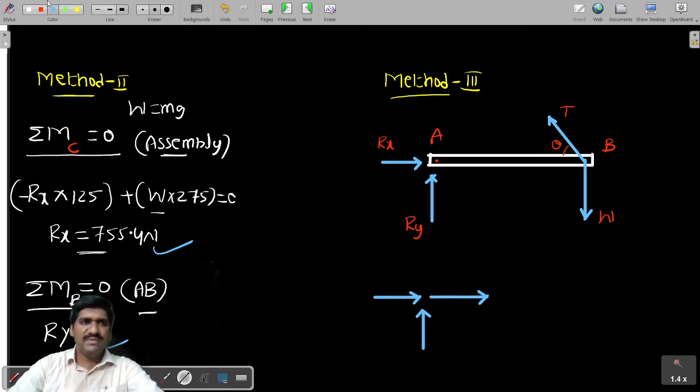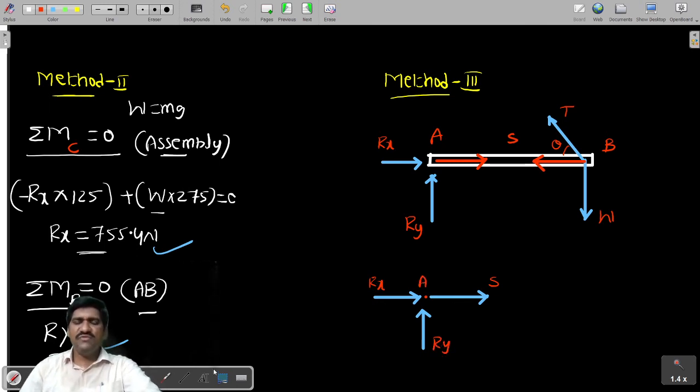Yes, AB. Inside the body AB we will always have some axial force like this. Let this force be, for example, simply S. So this will be force S, this will be Rx, this has to be Ry.